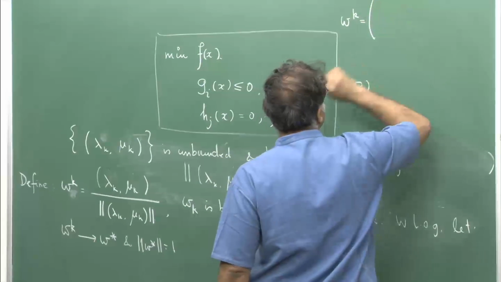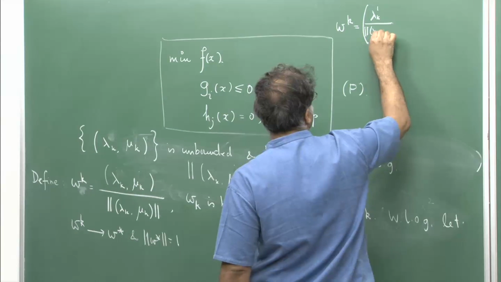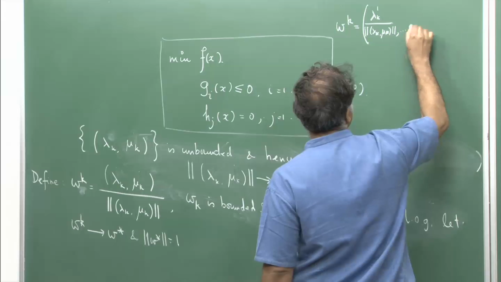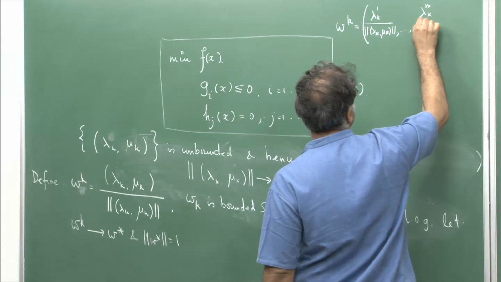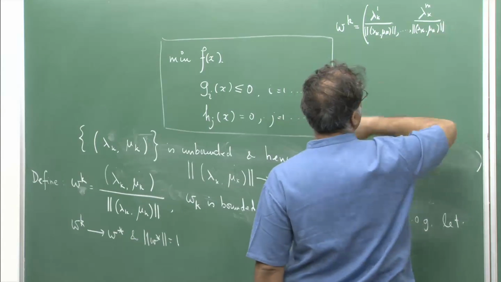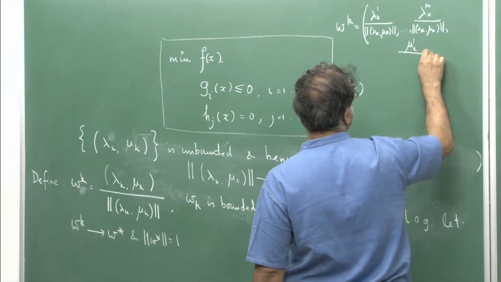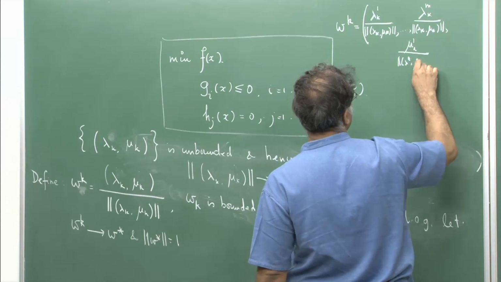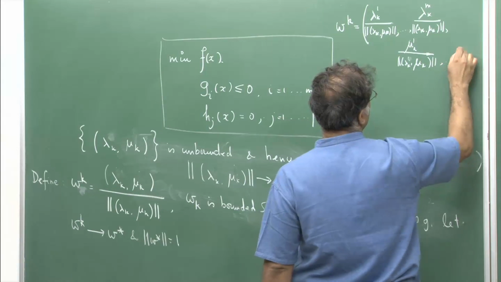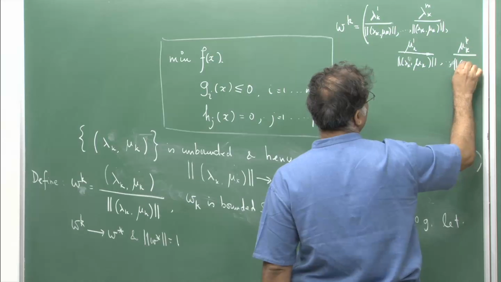The wk vector looks like the following: lambda 1k divided by norm of lambda k mu k, through lambda mk divided by norm of lambda k mu k, then mu 1k divided by norm of lambda k mu k, and mu pk divided by norm of lambda k mu k.